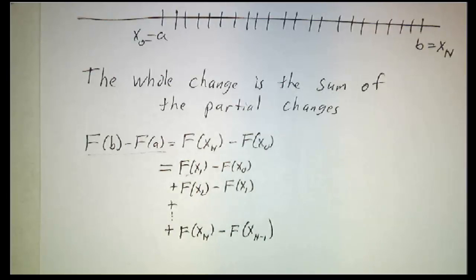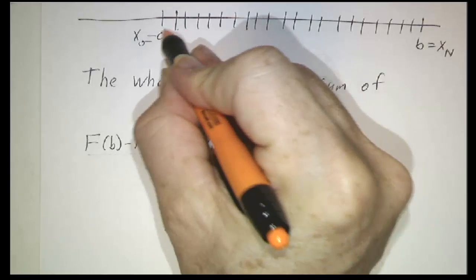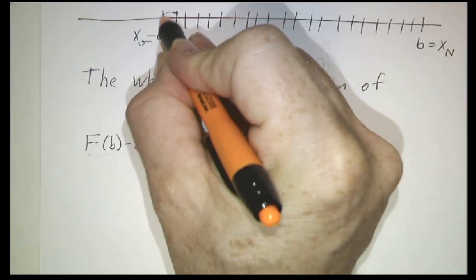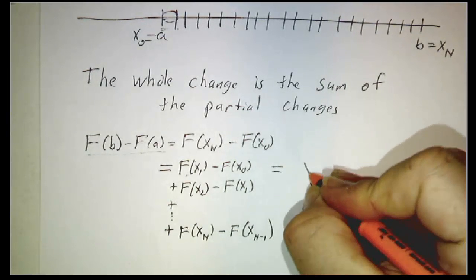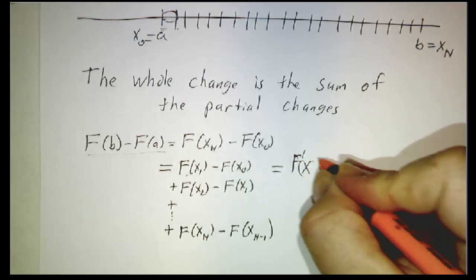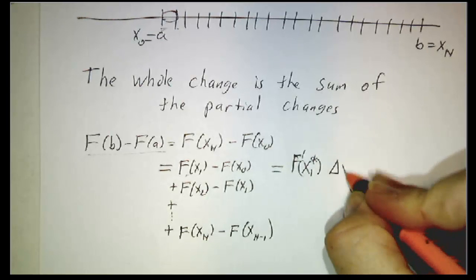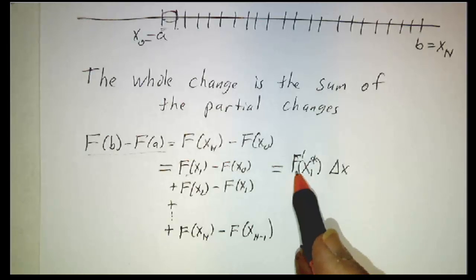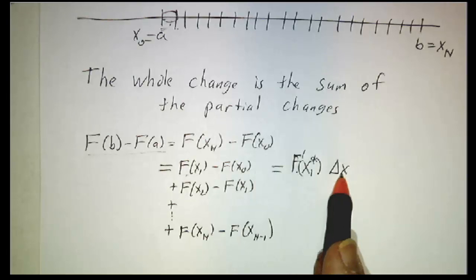Now this we can evaluate, because the change from here to here is the rate of change in here times the width. In fact, the mean value theorem says that there is a point somewhere between x1 and x0, let's call it x1 star, such that the derivative of big F at that point is big F of x1 minus big F of x0 divided by delta x.